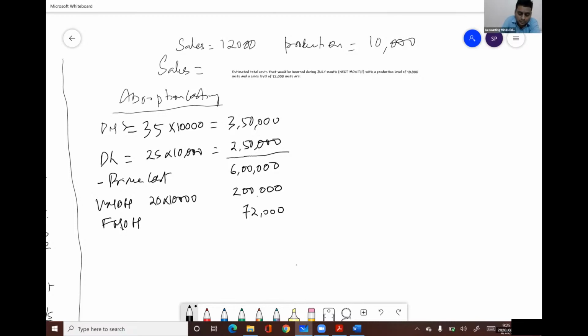Next. Then cost of production, 8,72,000. Next, add opening stock.